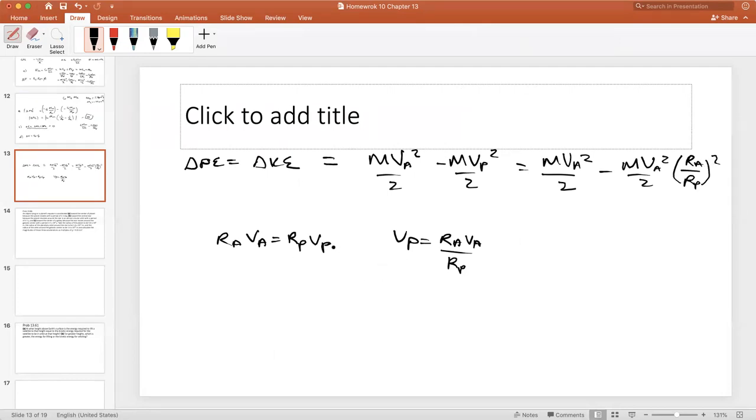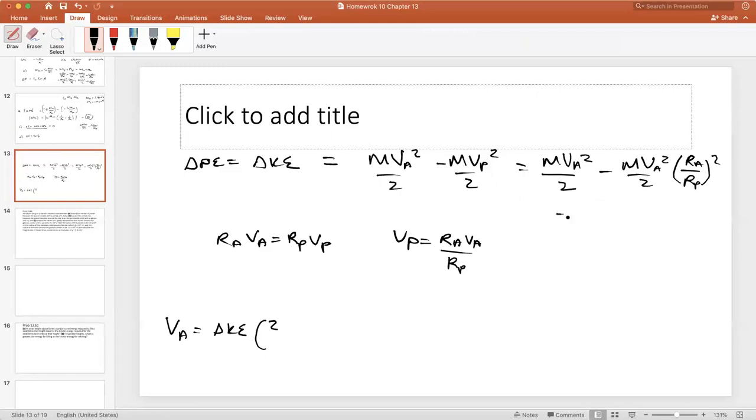That's Kepler's second law, angular momentum, done by Newton. Okay, so from this, we can solve for vA by using the change in kinetic energy times 2.